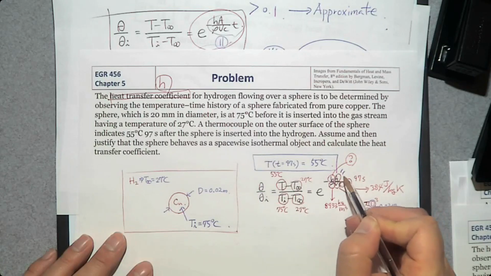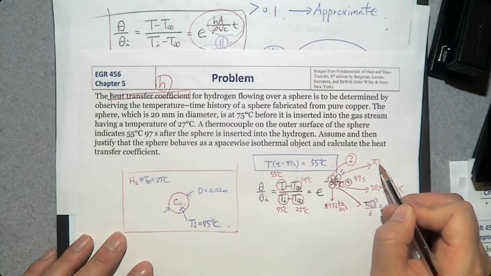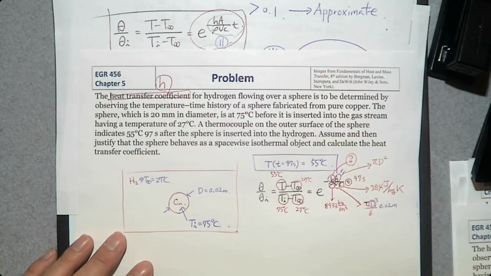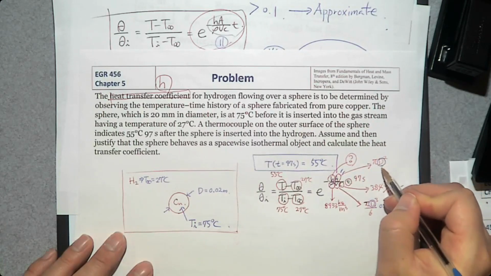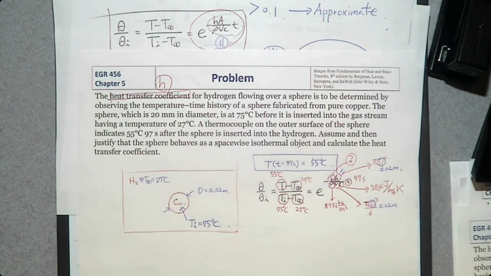The surface area of a sphere can be determined by pi d square, and d is going to be 0.02 meter. So we have everything but H. Can you determine H? Yes, we can.